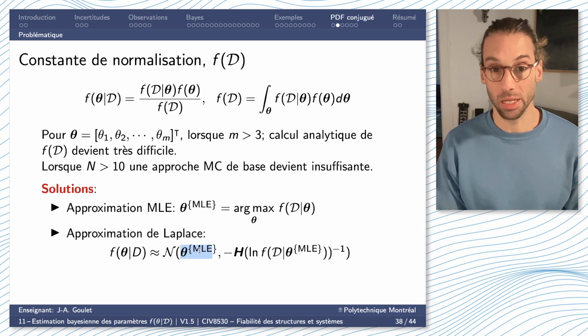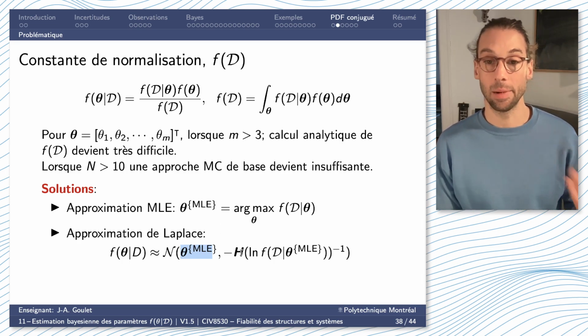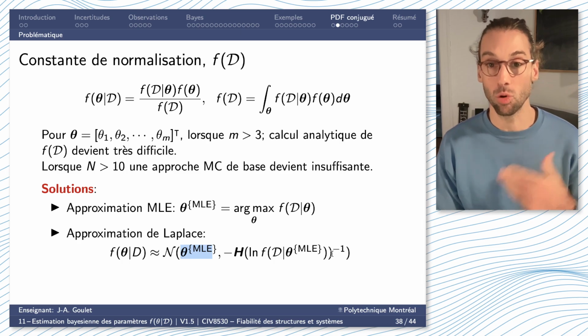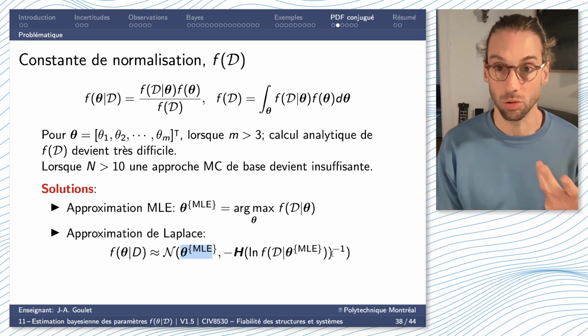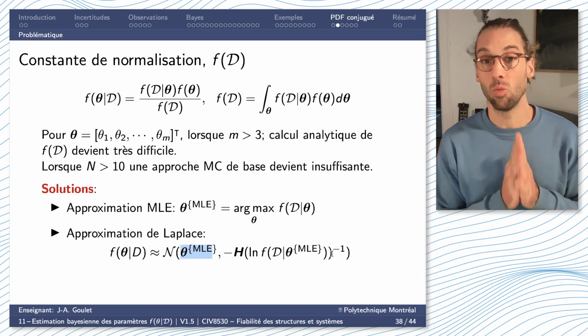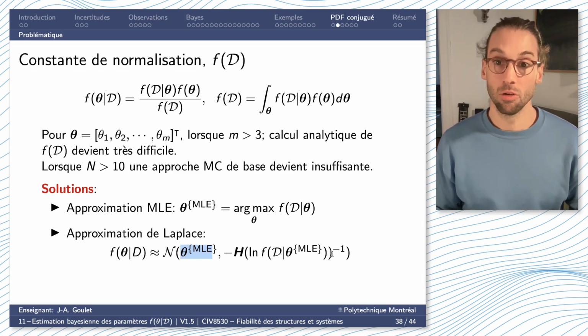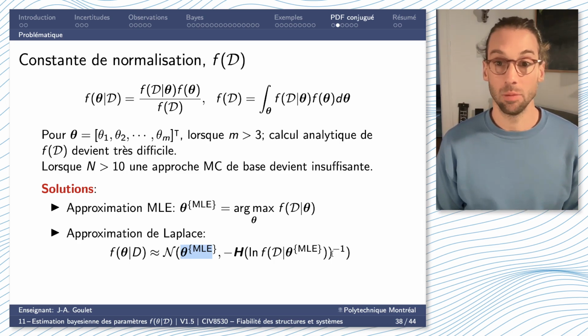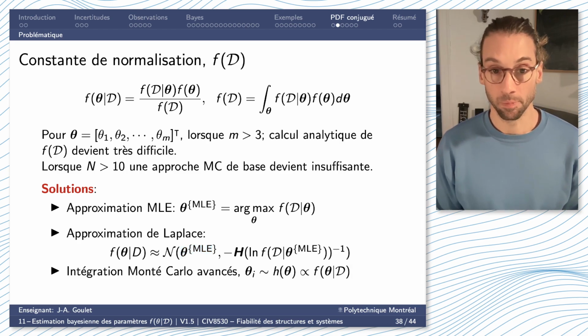So this is going to be our mean. And the variance in the Laplace approximation is characterized by the inverse of the negative Hessian of the log likelihood. I won't go into detail here on the theoretical justification, but this is a well-known approximation for the posterior covariance that can be evaluated relatively cheaply.